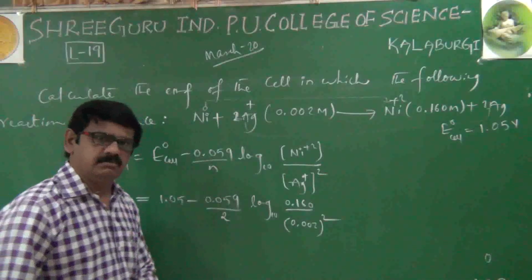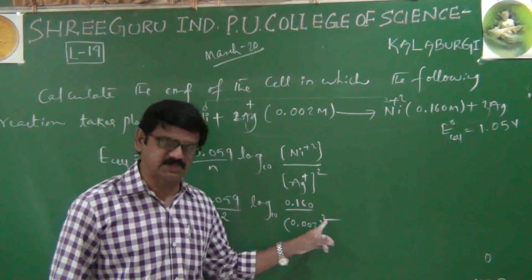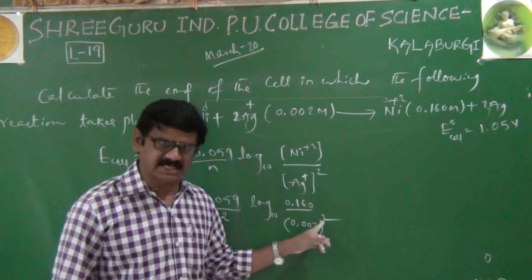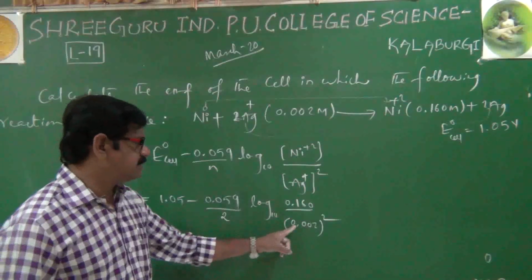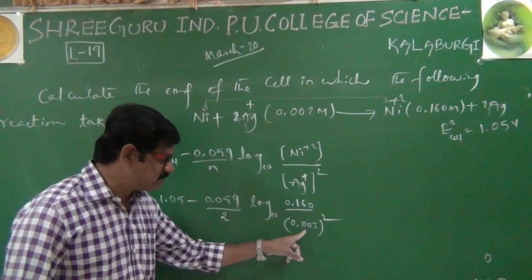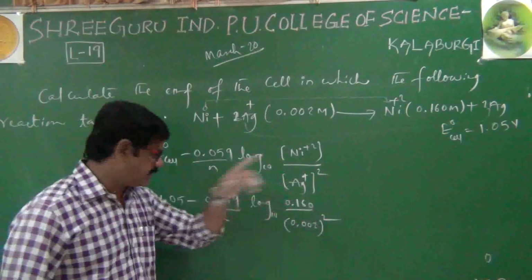This you have to write. Many students will miss this square. They missed the whole square last year also, I observed. Compulsorily Ag plus square: whatever value is given, that square we have to write.